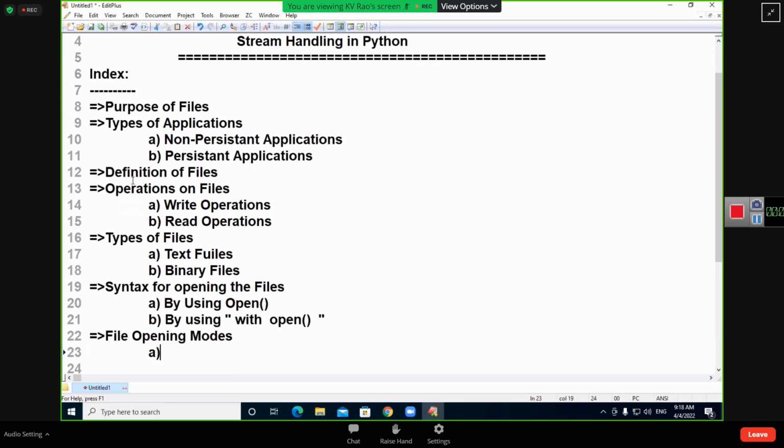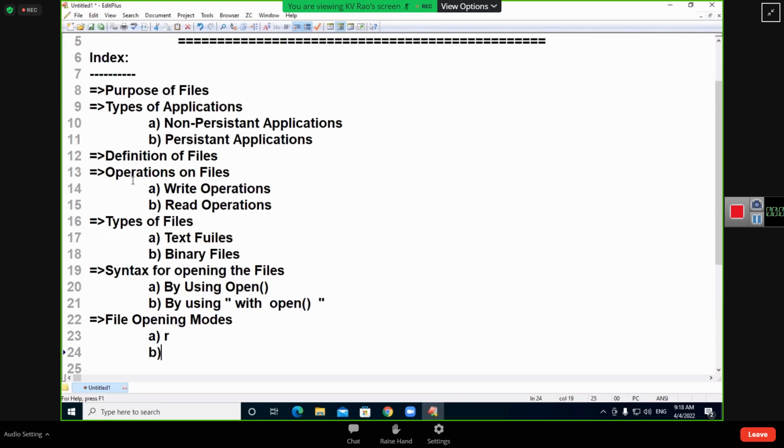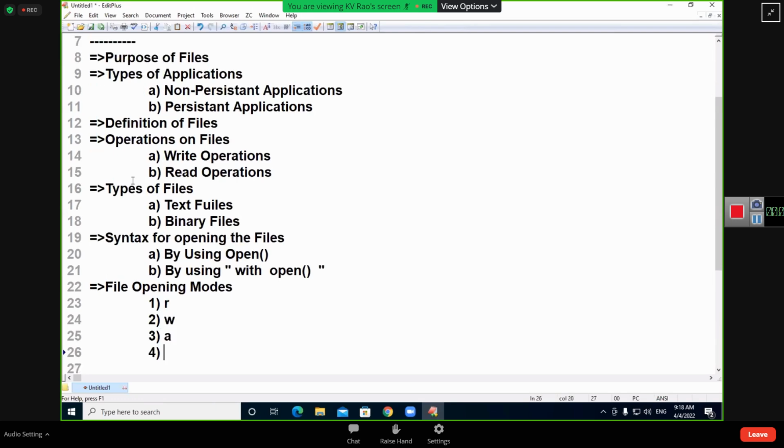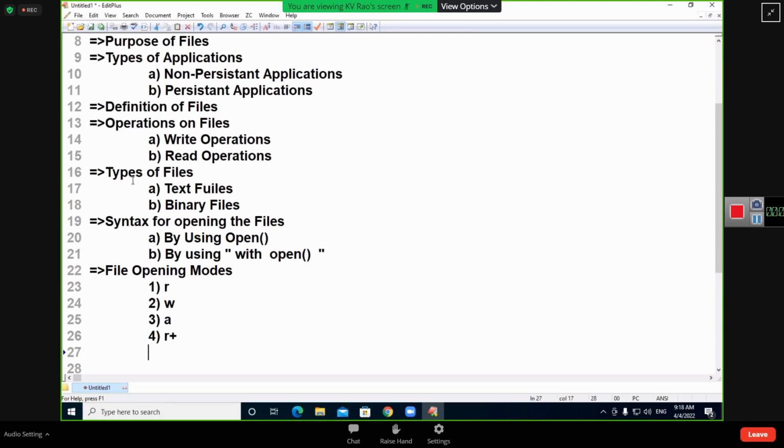Next I'm talking about file opening modes. There I'm talking about R mode. Next is W mode. Third is A mode. Fourth is R plus, and fifth is W plus.